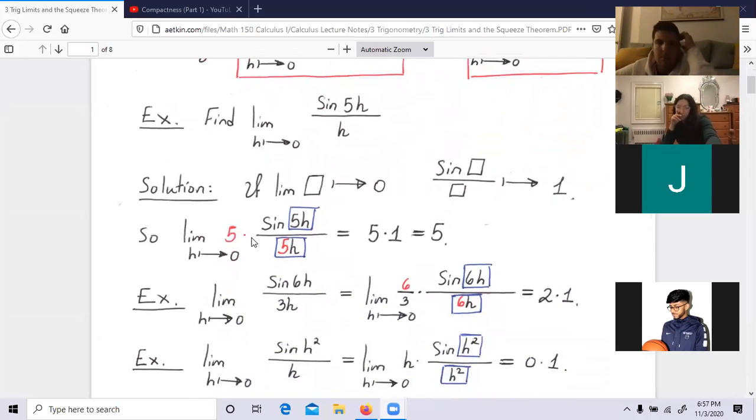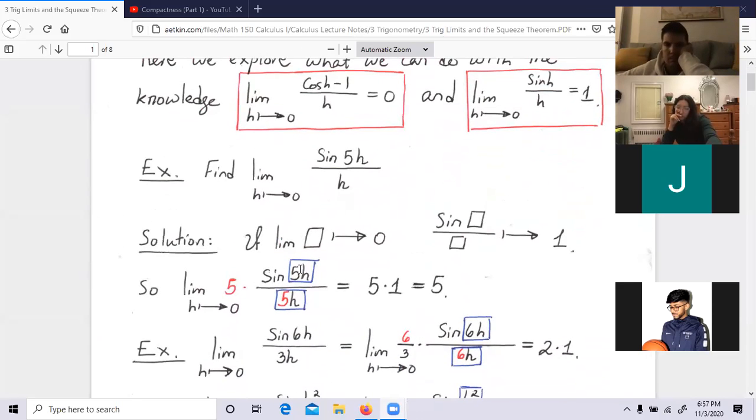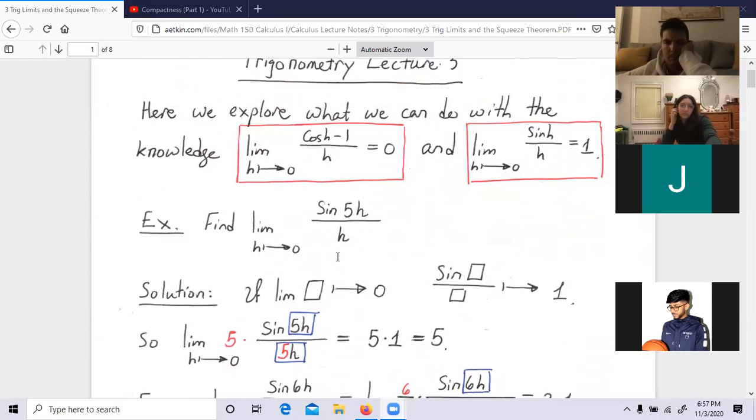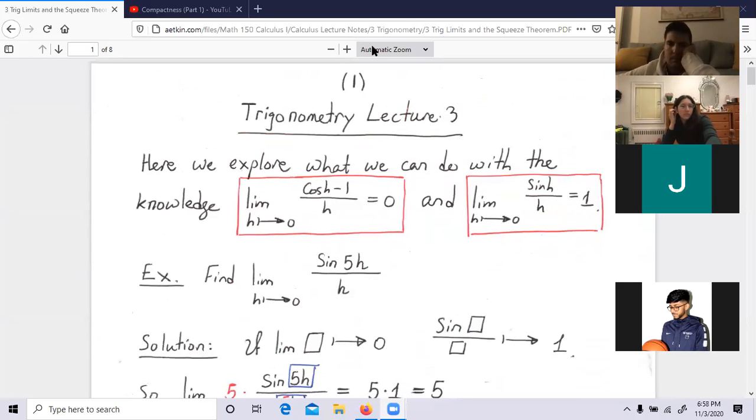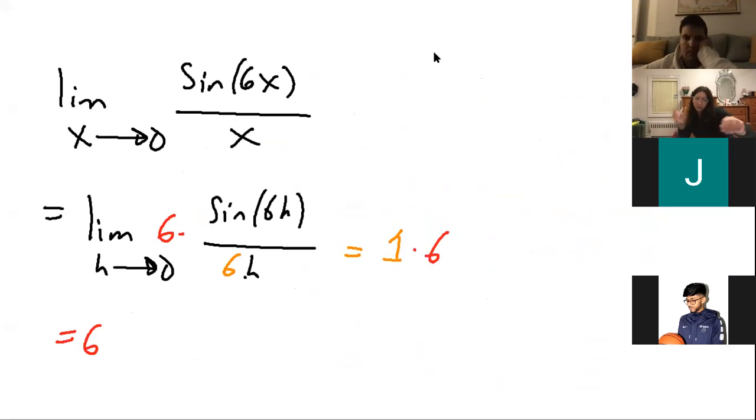So here I showed you how to do a few of them, right? So 5 times sine 5h over 5h, and the answer is 5. We solved the question that is exactly like it, yes? Now let's solve another one. Here is another one.